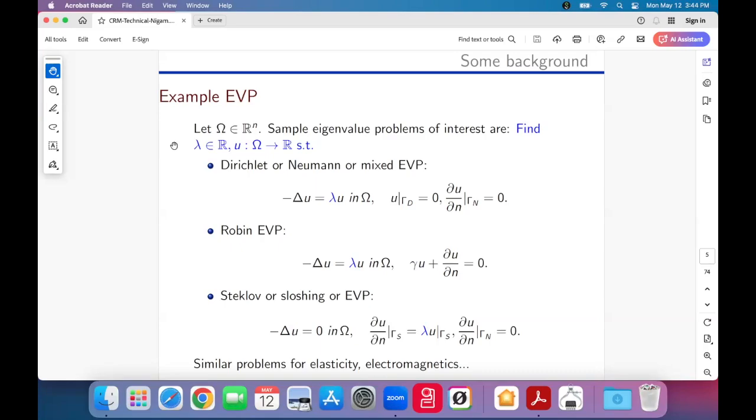So here the lambda, which is the eigenvalue, is on the boundary. I could insist that on part of the boundary, the Neumann derivative is 0. I could have similar problems for the elasticity operator, for electromagnetics, or for any other elliptic operators that you might want to work with. Okay?